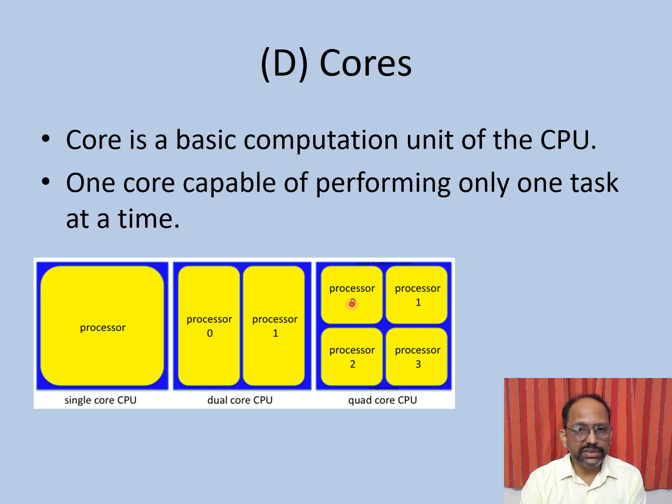Each processor can process billions of instructions per millisecond. So more cores means more processors in a single CPU, and more processing capability in that kind of microprocessor.